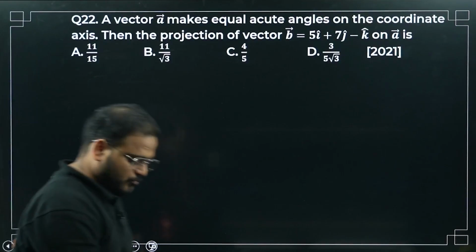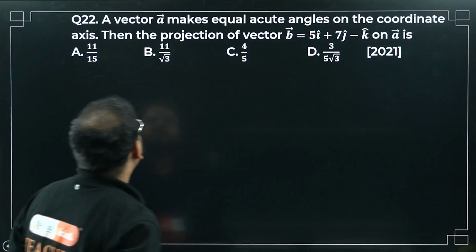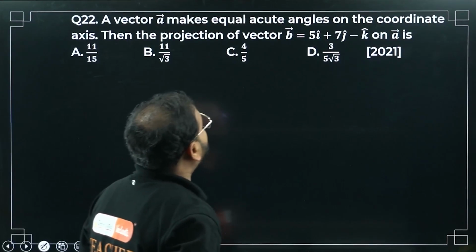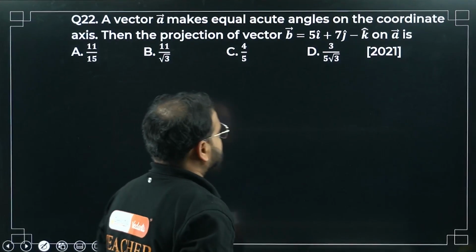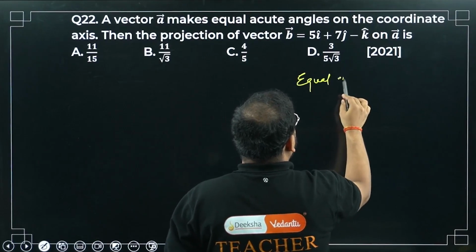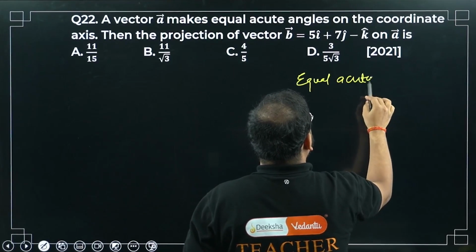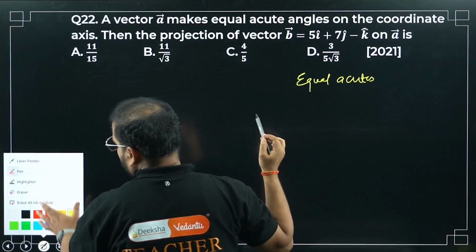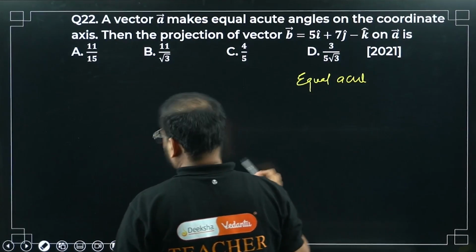Have a look. Very good question. Question number 22. A vector A makes equal acute angles on the coordinate axis. Equal acute angle means what?